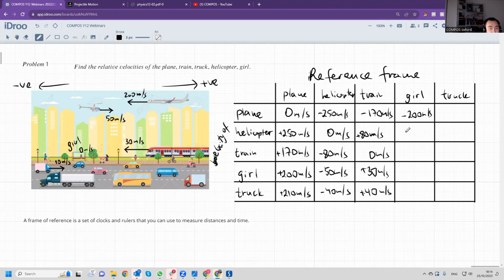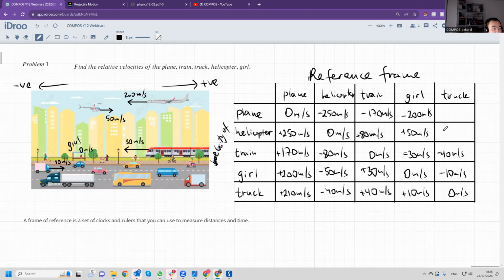The helicopter is moving at plus 50 meters per second. The train is moving at minus 30 meters per second. The girl is not moving, and the truck is minus 10 meters per second.